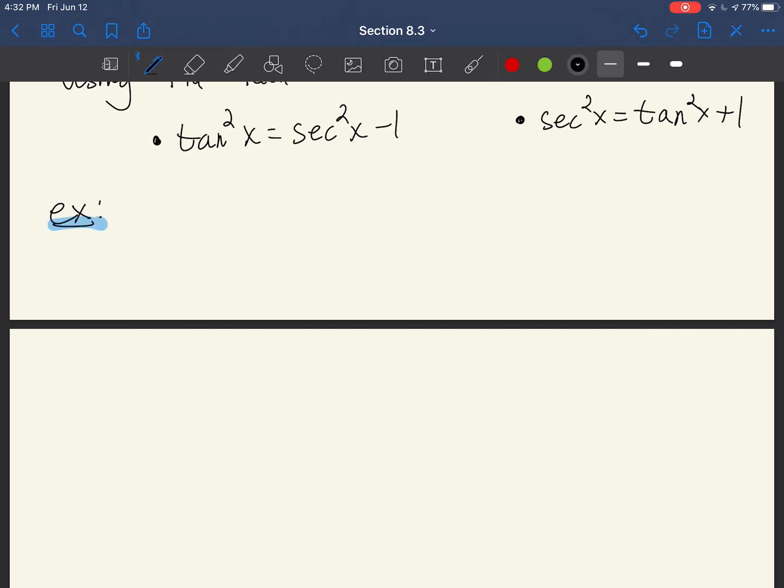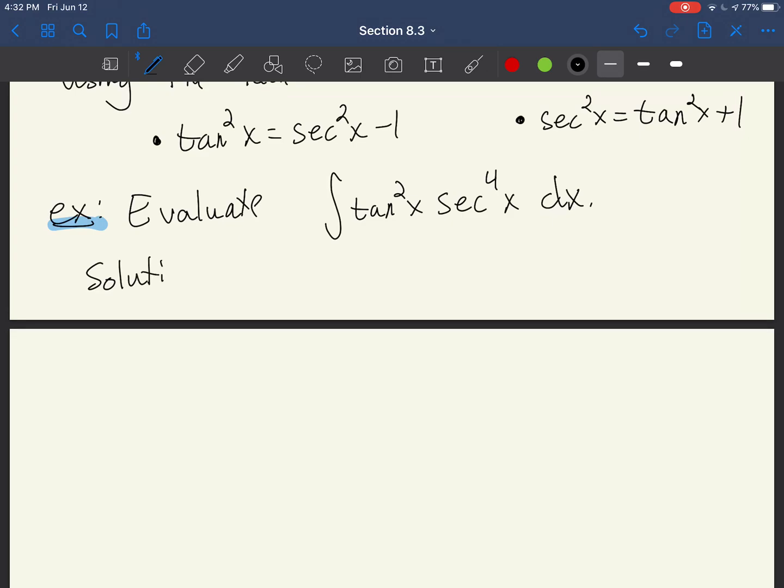So, quick example of this. Evaluate the integral of tangent squared x secant to the 4th x dx. So the first thing we note when doing this is what substitution are we going to want to make?